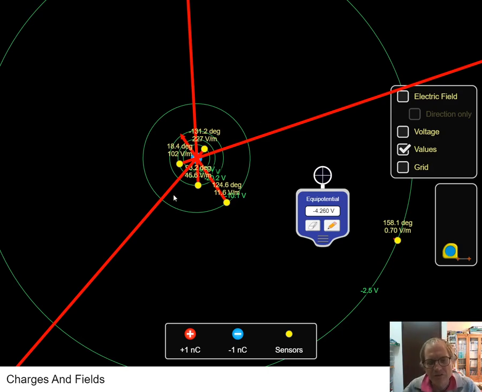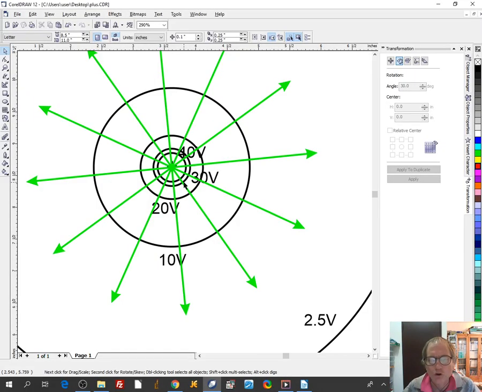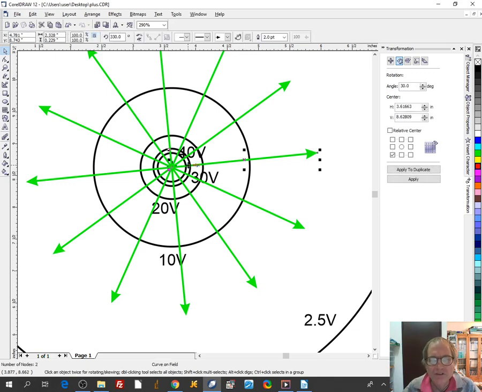Given these few electric field vectors, we can now work on drawing the electric field lines. I'm just going to redo the drawing that we had just now. These are electric field lines, and that's a negative charge.